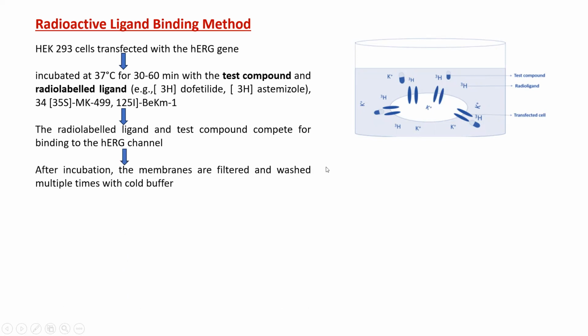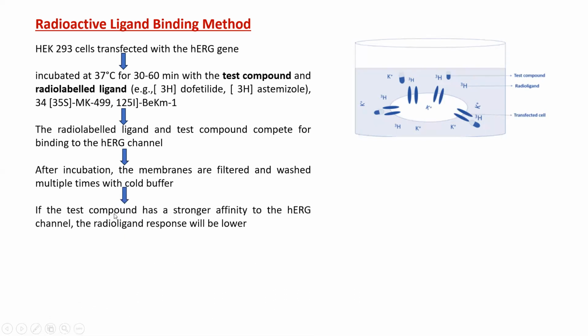After incubation, the membranes are filtered and washed multiple times with a cold buffer. After that, if the test compound has a strong affinity to the hERG channel, the radioligand response will be low, because they have affinity for the same channel.